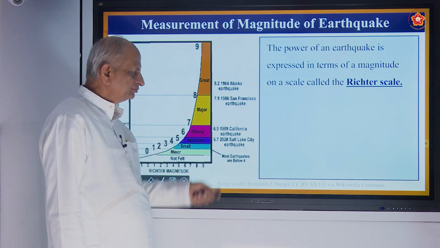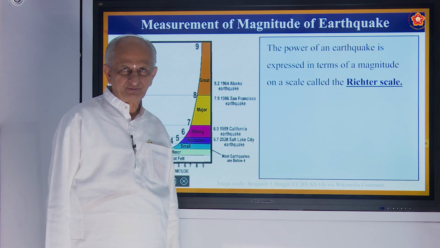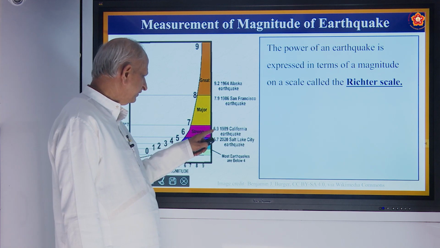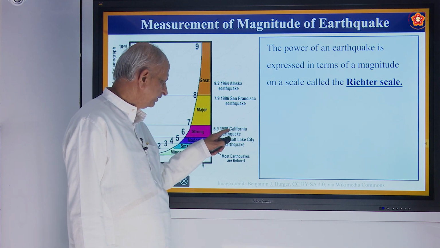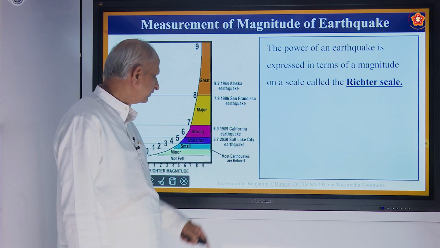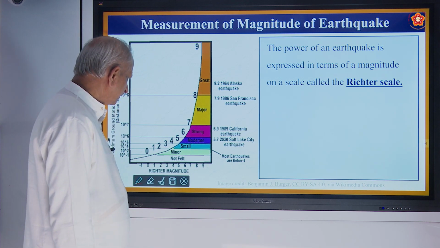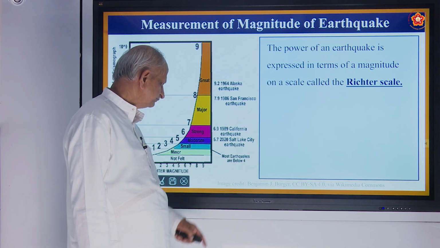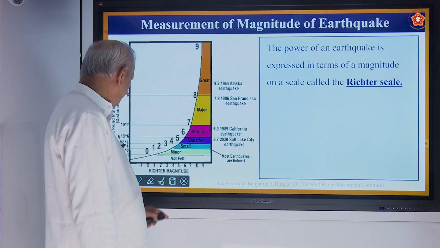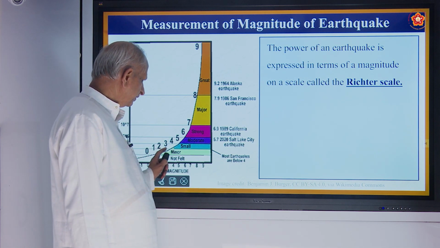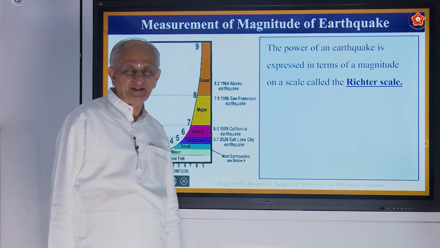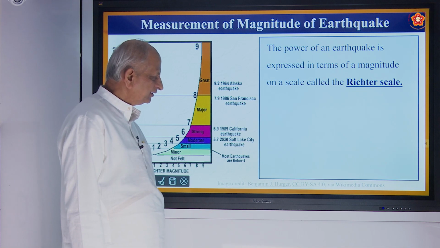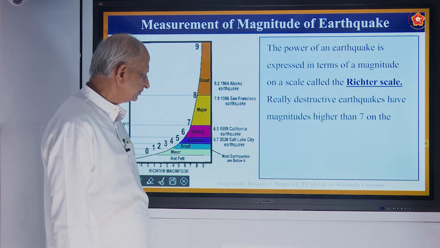That also, crores of rupees were wasted. And 6.9 in 1989 in the California earthquake. And 5.7 in the Salt Lake City earthquake. India also experienced major earthquakes, especially in Kashmir and also in Gujarat.